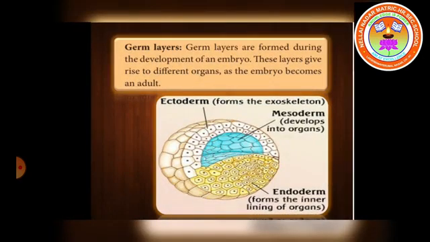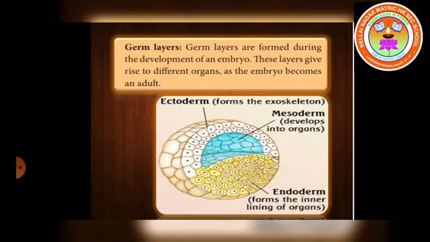Next we will see about the germ layers. Germ layers are formed during the development of an embryo, and these layers give rise to different organs as the embryo becomes an adult. Is it clear? So, any organism which develops from an embryo has different layers called germ layers.